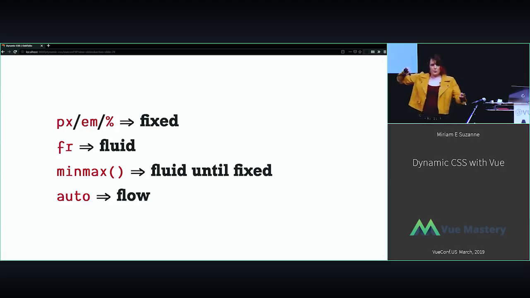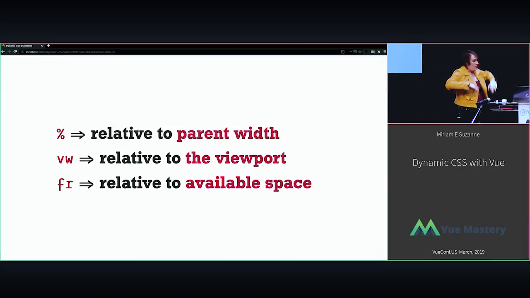We've got min-max, which gives us fixed until fluid. So we can set a minimum and a maximum, and it will be fluid between them, and that's super handy. And then auto if we want to return to the default flow, which is handy, and we can start combining all of those things. If you're not sure about these different units and how they work, here's the quick cheat sheet.